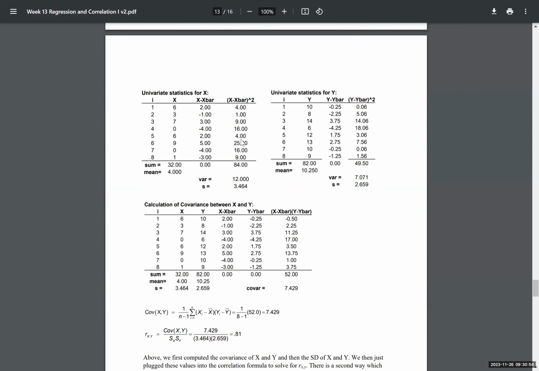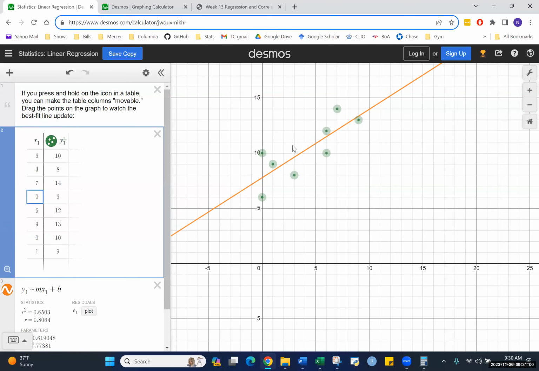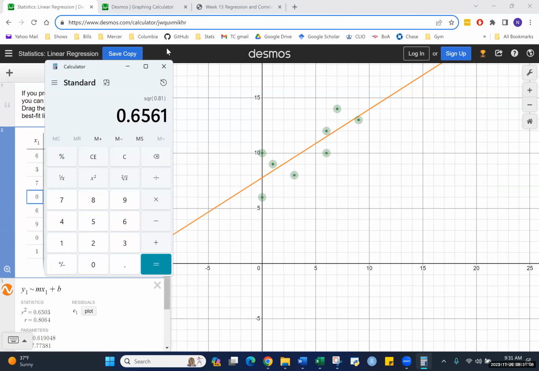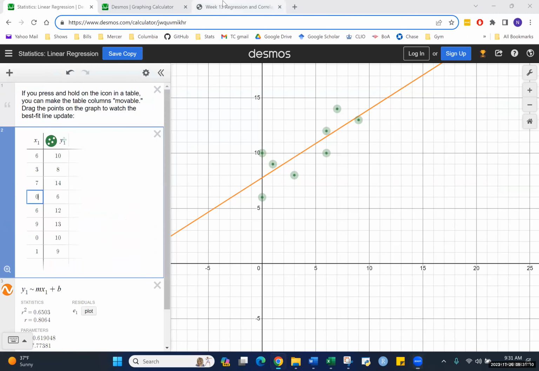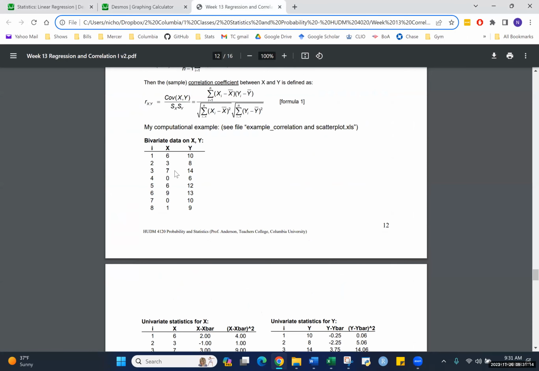Before I do that, I want to show you some cool software called Desmos. So in Desmos here, I've actually put in the data. So if we go back to this, I've got the X data 6, 3, 7, Y 10, 8, 14.